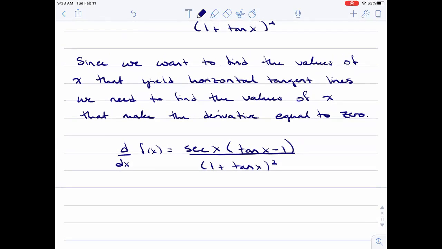You can definitely use Desmos to check each of these individually, to check your arguments, but secant x will never be 0.